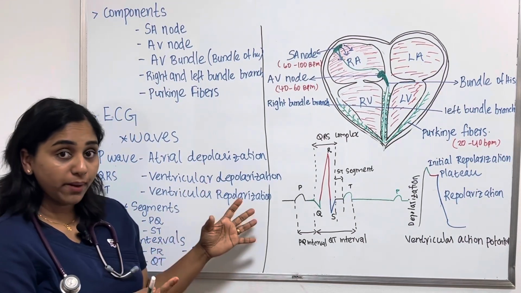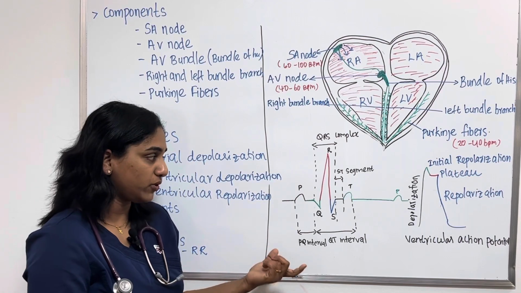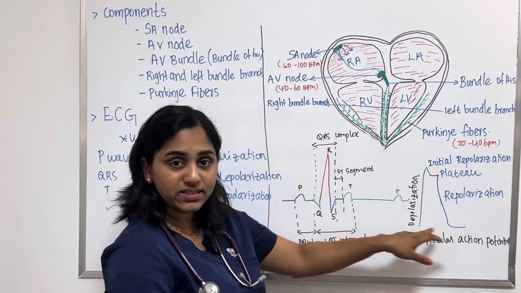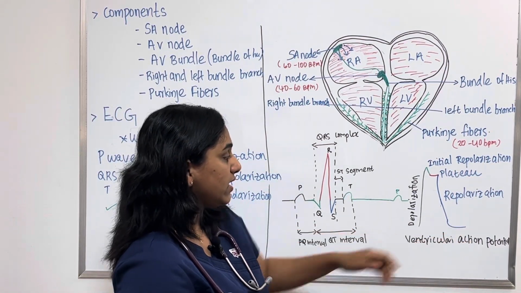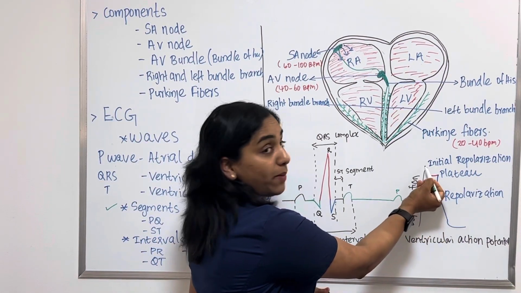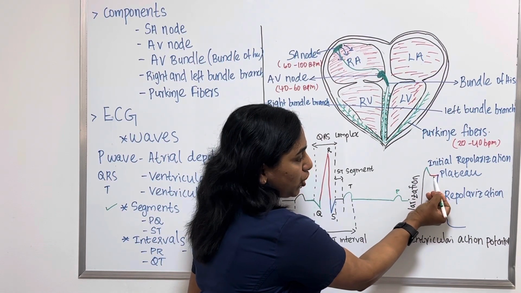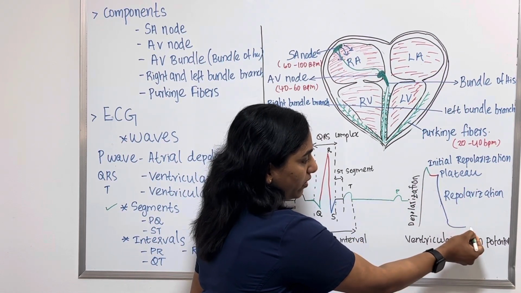So when we see more about the ventricular contraction, the ventricular action potential, you can see this image, that there is initial depolarization and there is a plateau followed by repolarization.